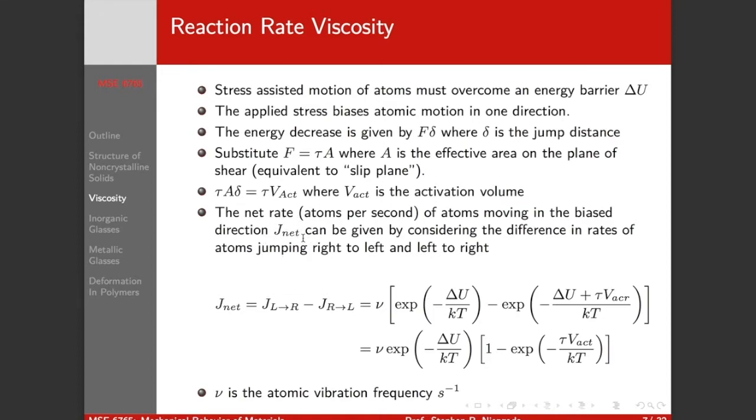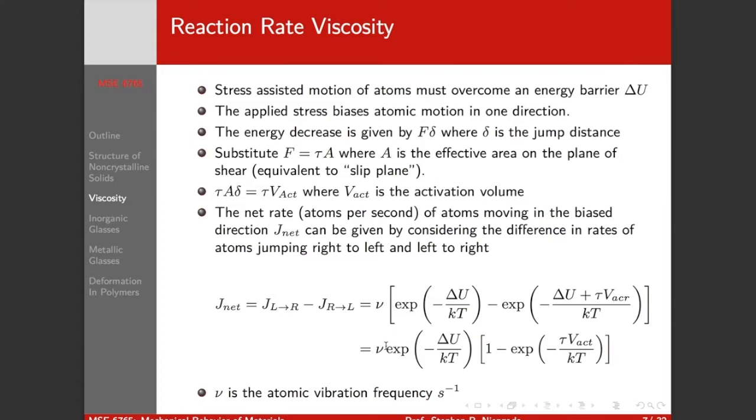bias direction, right? If we consider calculating the rates of the atoms jumping to the right and the left, so we have an unbiased and a biased term, the difference between them, right? That gives us our net flux, and this is just a simple Arrhenius relationship. Here nu is the atomic vibration frequency, right?